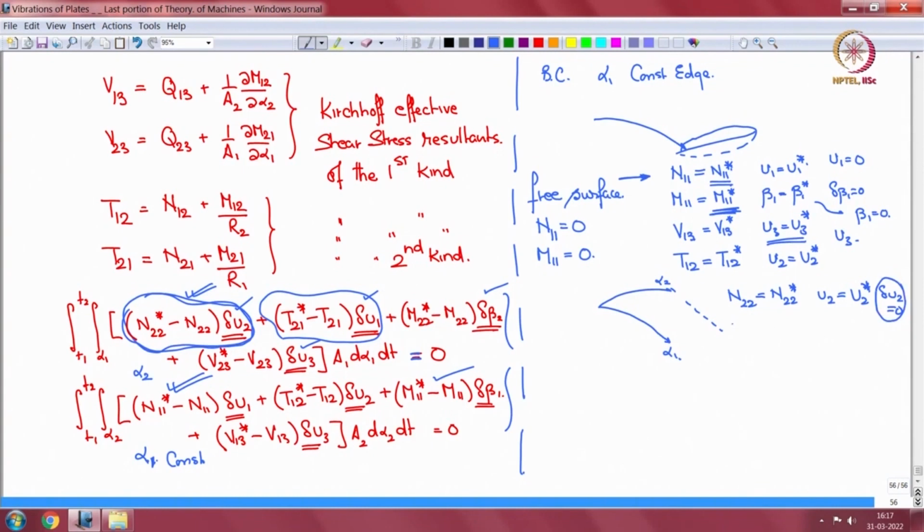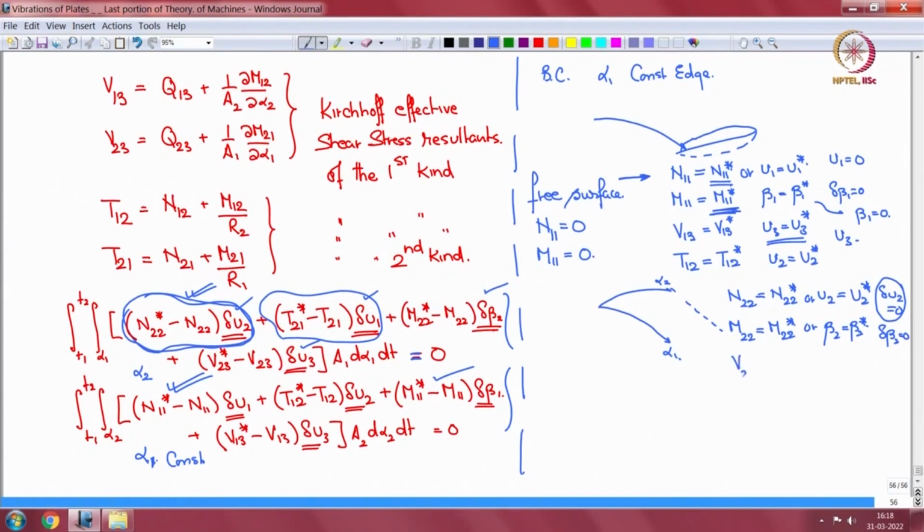Similarly, M22 is equal to M22 star, the external applied moment, or you have beta 2 specified, such that delta beta 2 is 0.